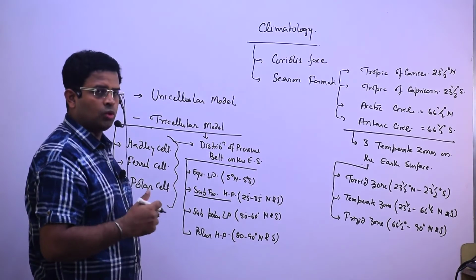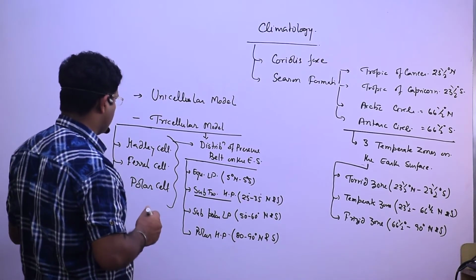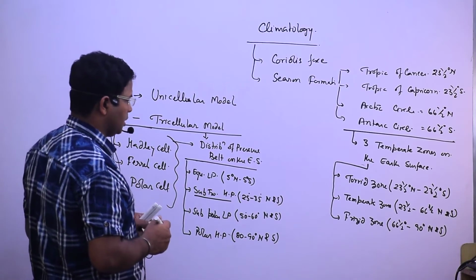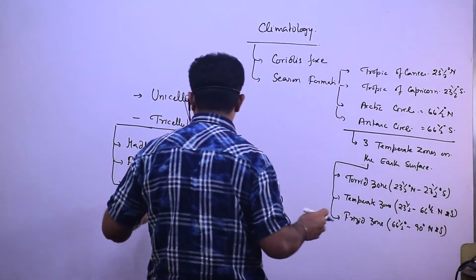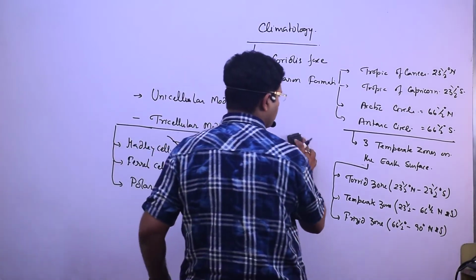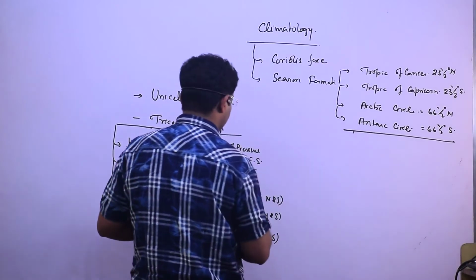So we'll understand this together. When we understand the Hadley cell, Ferrel cell and polar cell, this distribution of pressure belts on the Earth's surface will become clear to you.